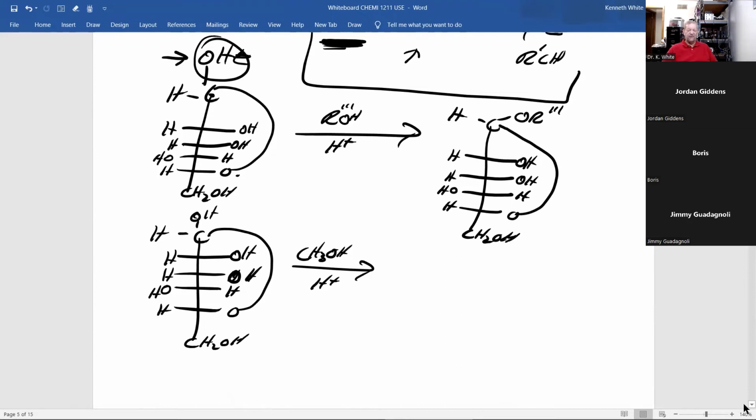Now you can see both reactions. This I'll never give as a synthesis, but you should know how to do this to do the product or products for this reaction.